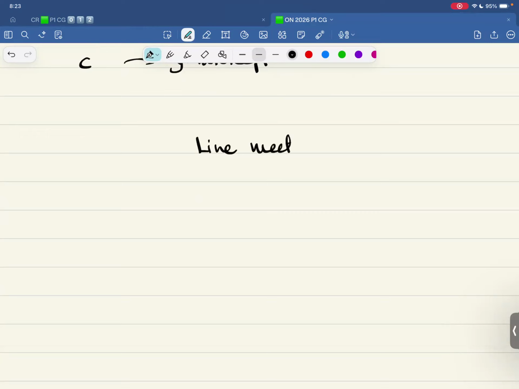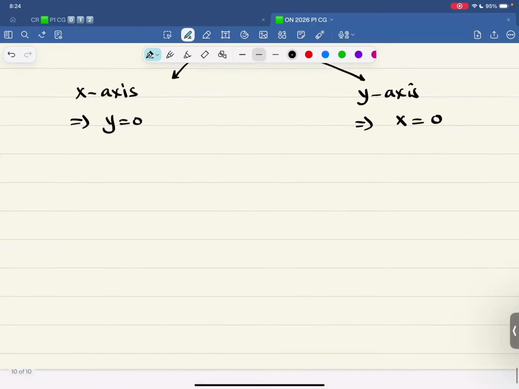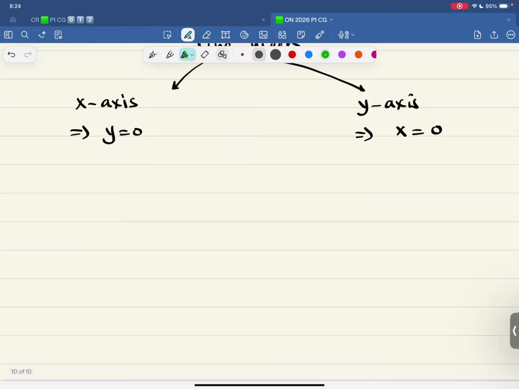Line meets x-axis. That means the y coordinate is 0. Line meets y-axis. Therefore, the x coordinate is 0. Now let me also draw one thing over here. This is the x-axis, this is the y-axis.